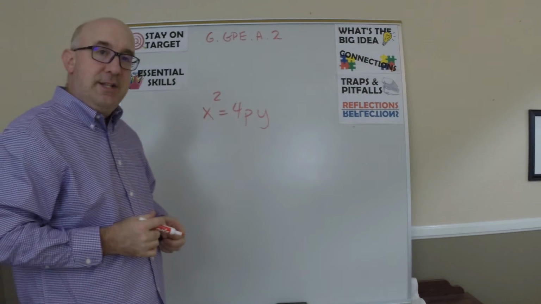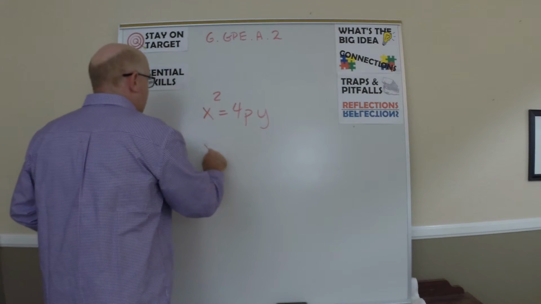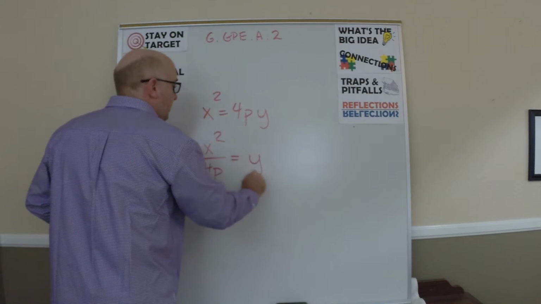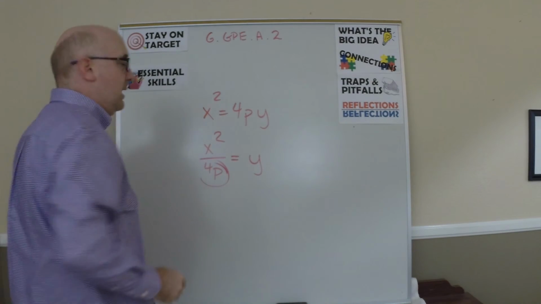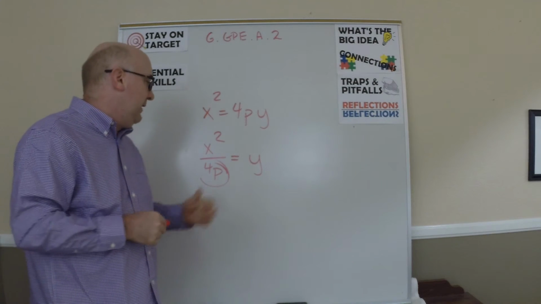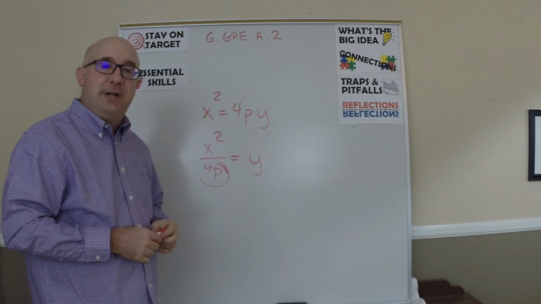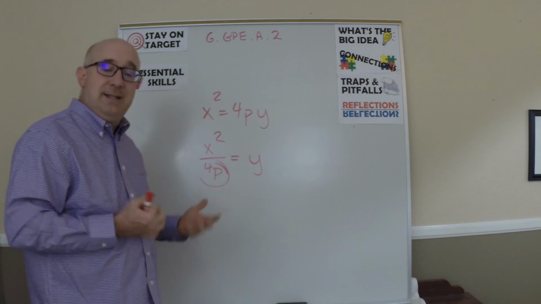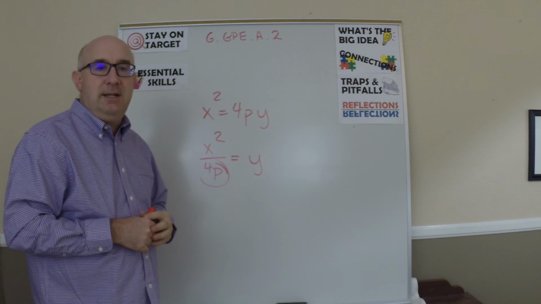They don't mind it in this format. They don't like it too much when we transform it into this one. Mostly because that 4p is now in a denominator situation, and solving for values of p get a little trickier, but a good thing to practice because that's an essential skill in any math student.